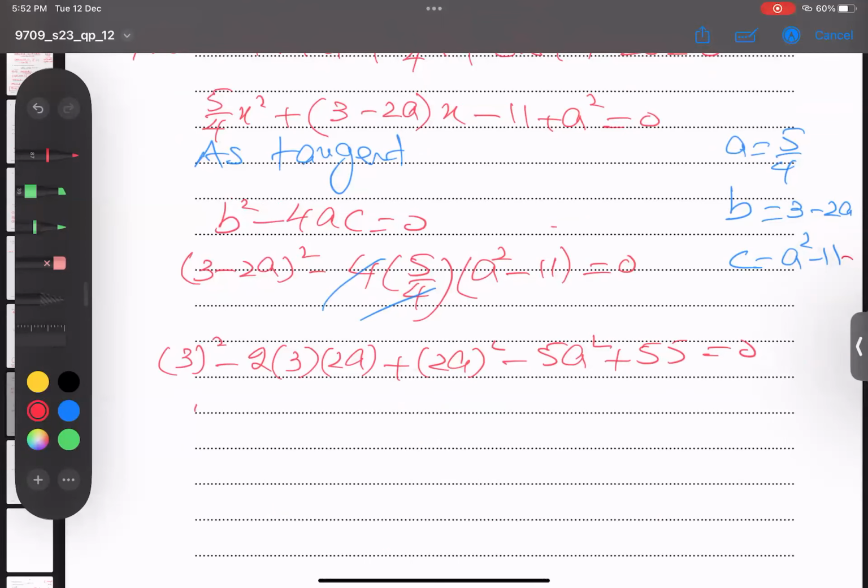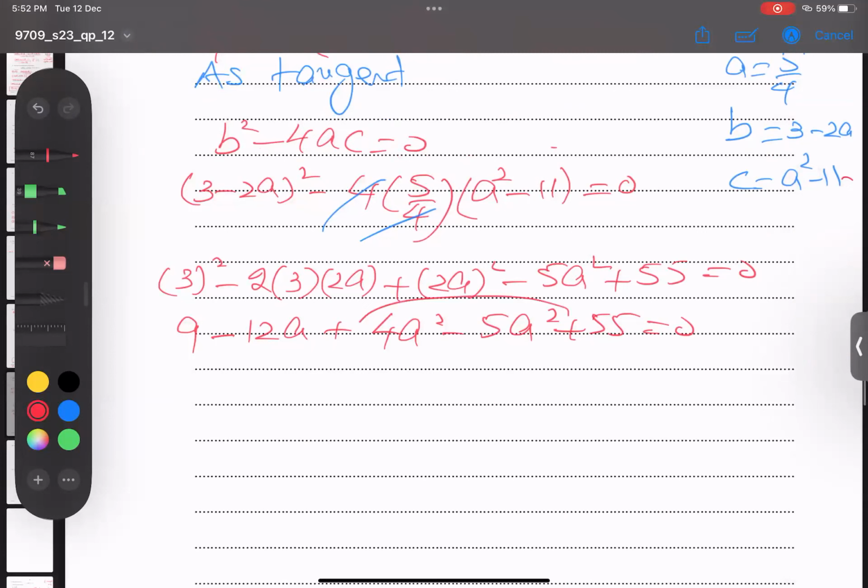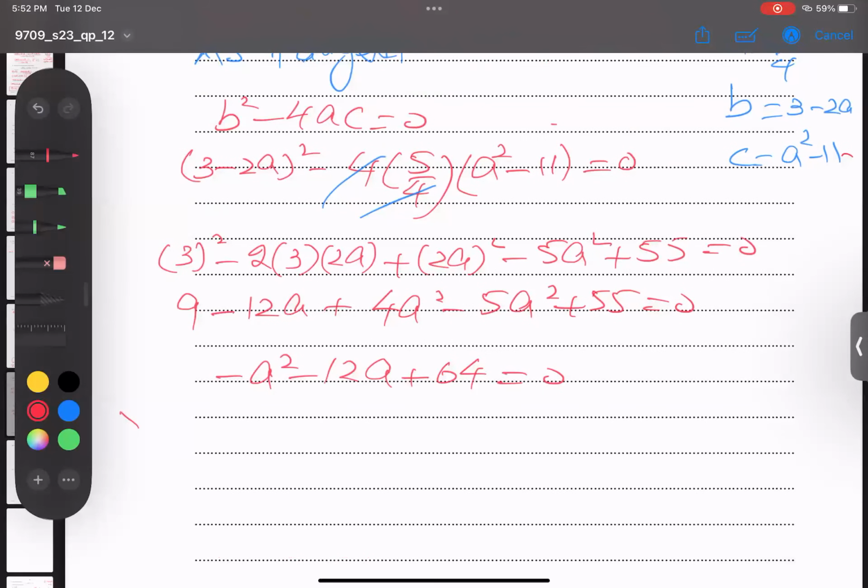And now, students, this is 9 and 2 times 6 is 12a, plus 4a squared minus 5a squared plus 55 equals 0. These two terms will give us negative a squared, negative 12a comes from here, and 55 and 9 will give us 64.